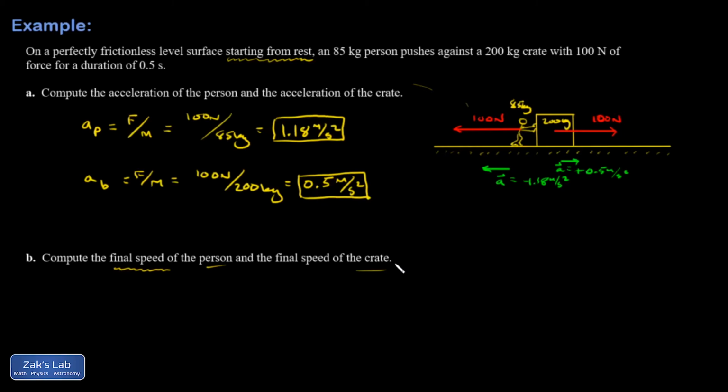So the person's going to be moving faster than the crate because it's a smaller mass and they've been accelerating faster. So we're assuming that this force stays constant and the acceleration stays constant because the force stays constant. So if you have a constant acceleration, you can just go back to this idea.